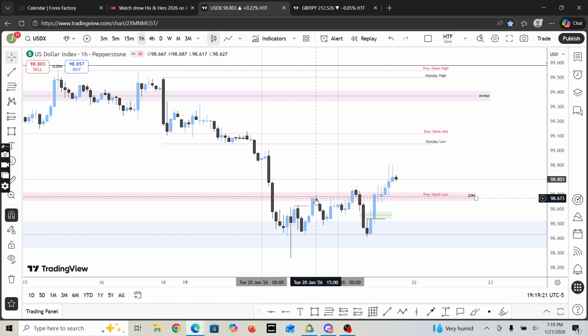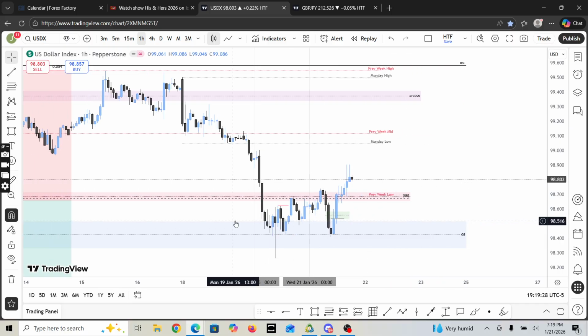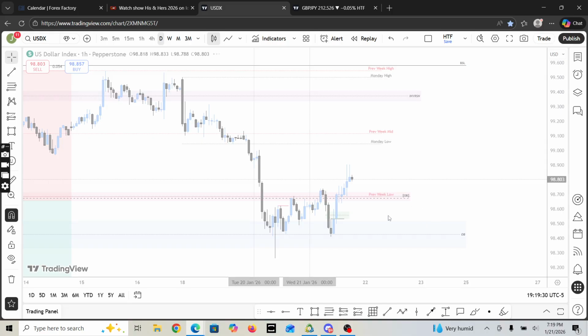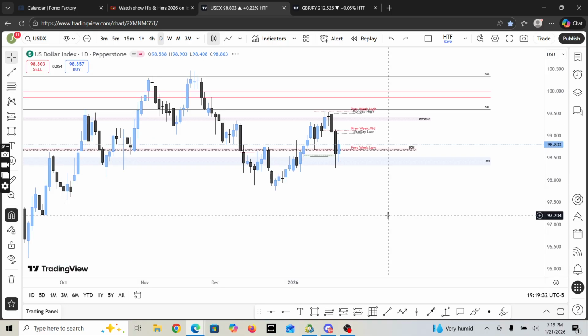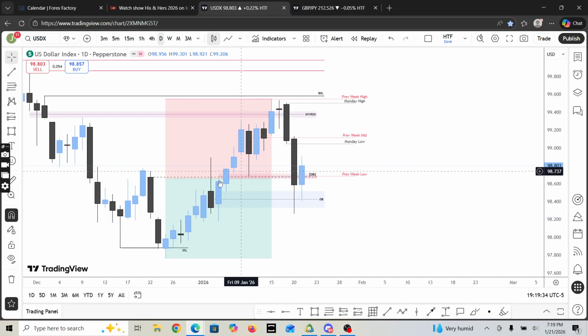So price came in and took this one out. The level you are seeing here is from the daily, right? It's a flipped inefficiency level from the daily. This is it, this inefficiency level.